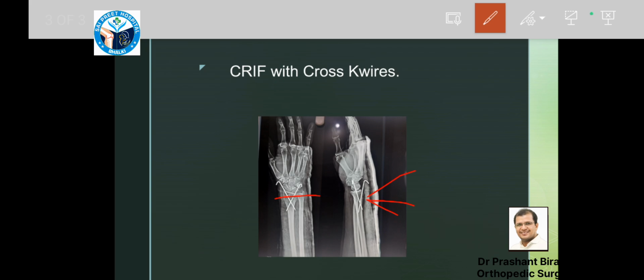These are complications if the patient does not take proper treatment. So I advise, if you have an injury to the wrist, please consult a proper doctor. If an orthopedician is available, well and good, show to the orthopedician and get it treated as early as possible, because if you delay, the complications are going to increase.